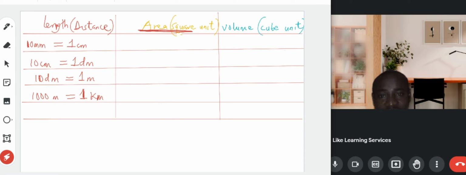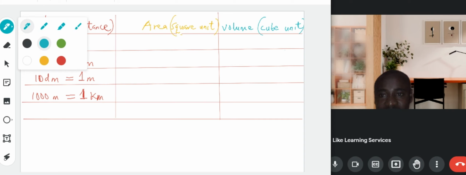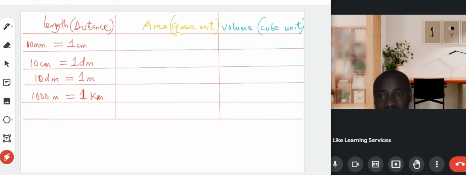Area is just squaring the unit, like we say 1 centimeter squared, 2 centimeters squared, or 2 millimeters squared. So to get area, we simply square the unit. So we just say 10 squared equal to 1 squared of the next unit, and so on.